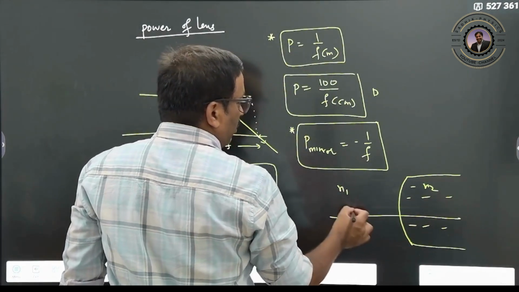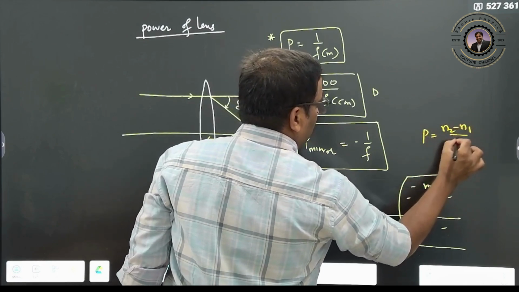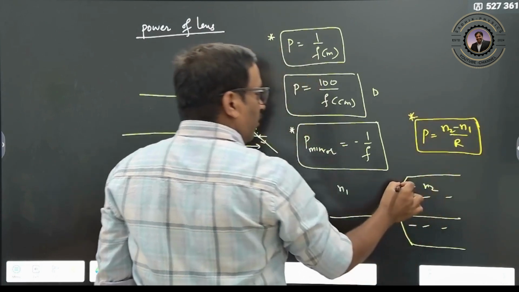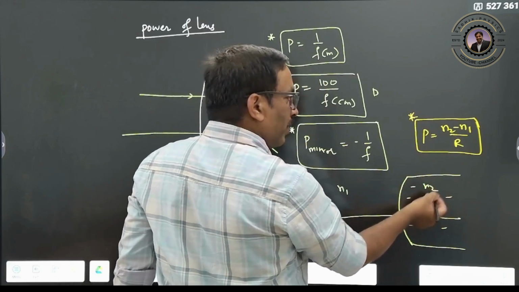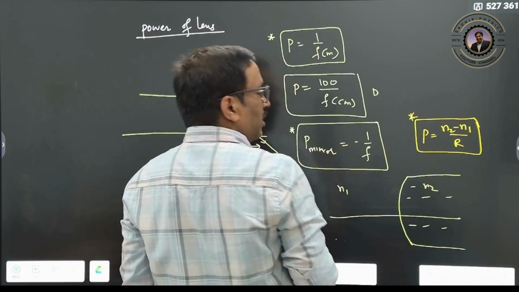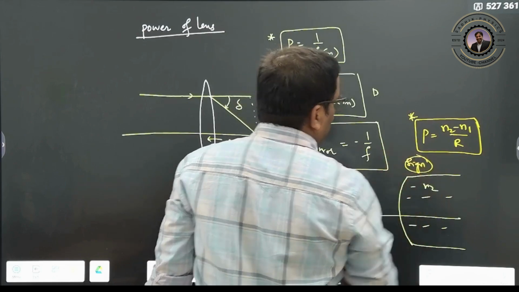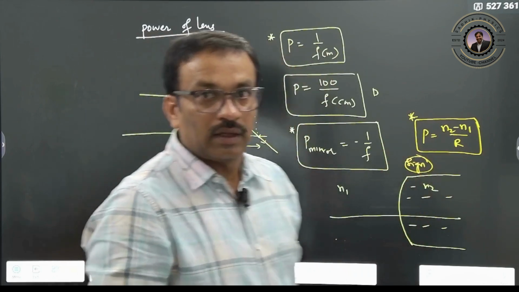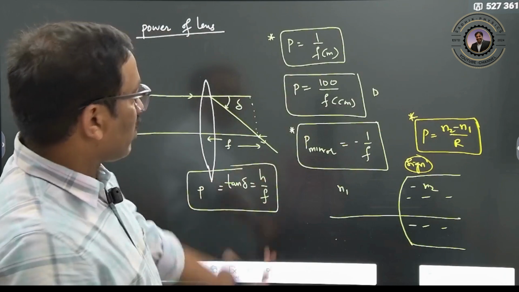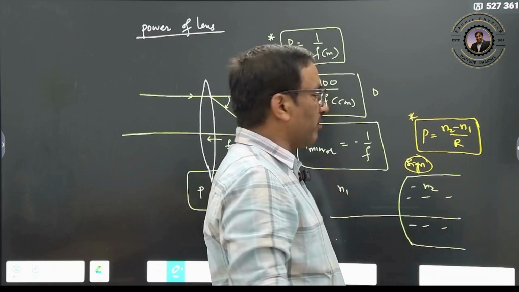Here the power can be written as n2 minus n1 by the radius of curvature. n2 is the medium where the light enters after refraction, and n1 is the medium before refraction. R is the radius of curvature, and also follow the sign conventions compulsorily. Clear? So these are the powers: power of the lenses, power of the mirror, and power of the curved surface, which we also discussed.